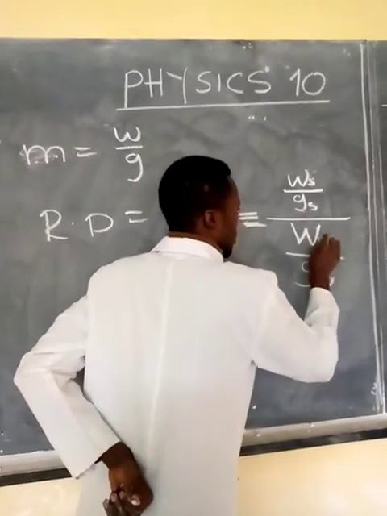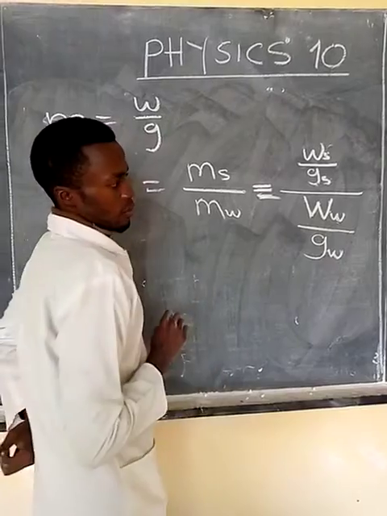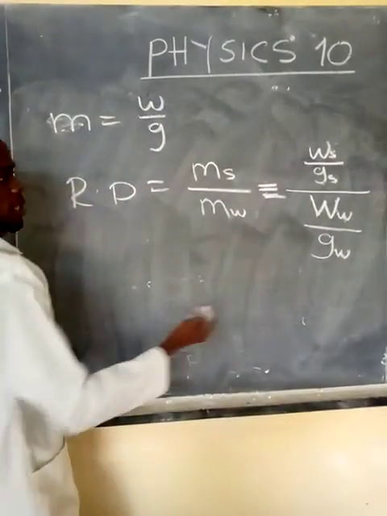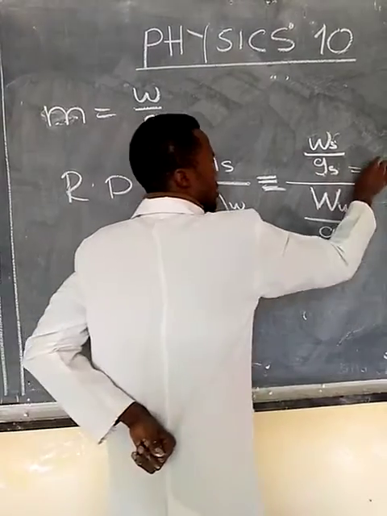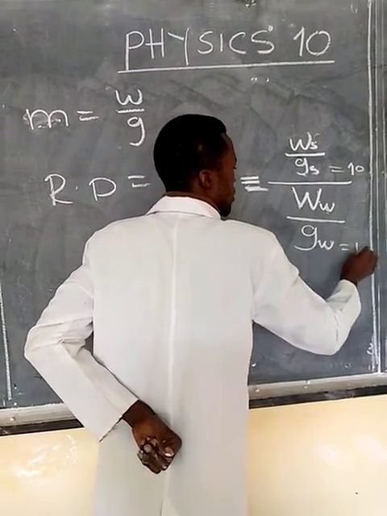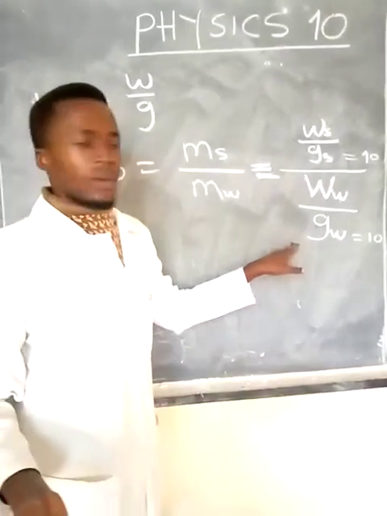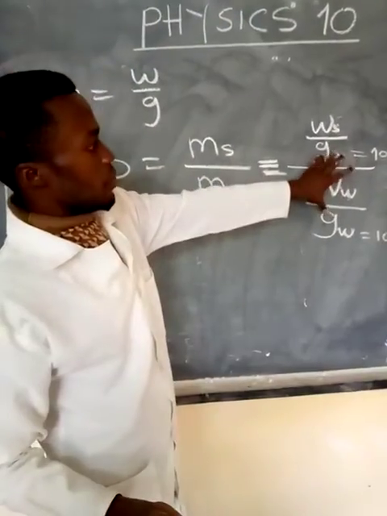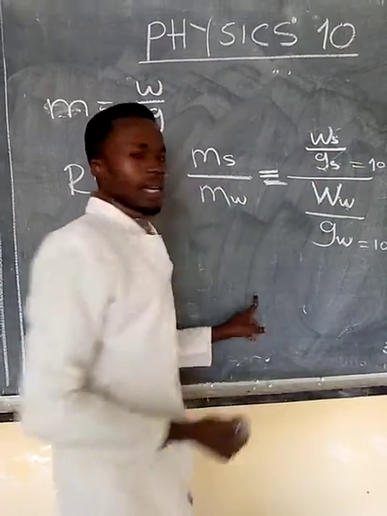If we assume this is 10, this is also 10, it means these two are equal, so they just cancel.